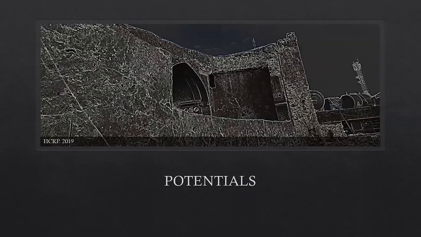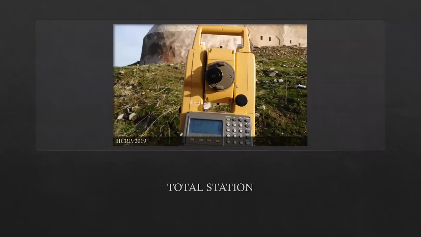So I give here a quick overview of the challenges. Now let's go to the potentials, because these challenges, as I said, are encouraging us, or give us an urgent need, to improve and upgrade to electronic devices.